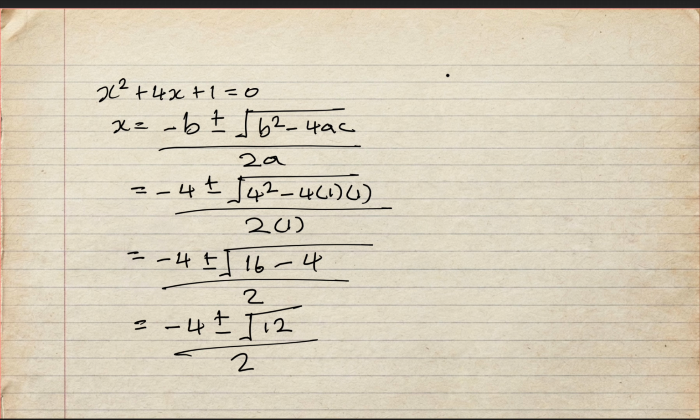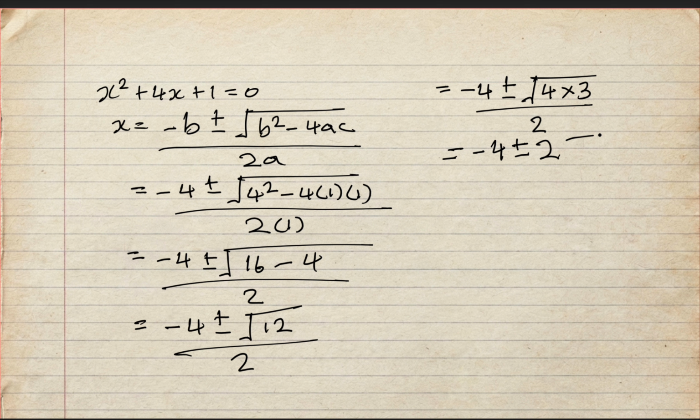So when we come up here, this should be equal to minus 4 plus or minus the square root of 4 times 3, because 4 times 3 is 12, over 2. And because 4 has a square root, I can bring it out of the square root, because the square root of 4 is 2, and then leave 3 still inside the square root.